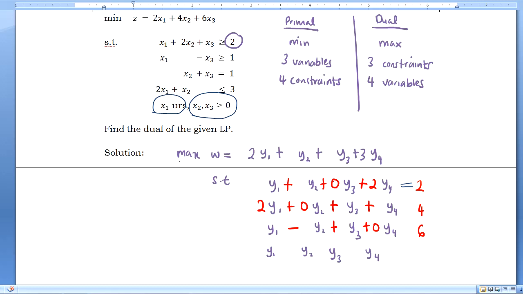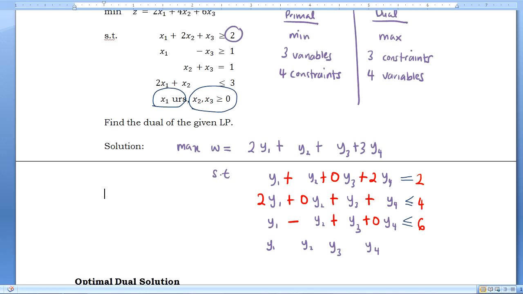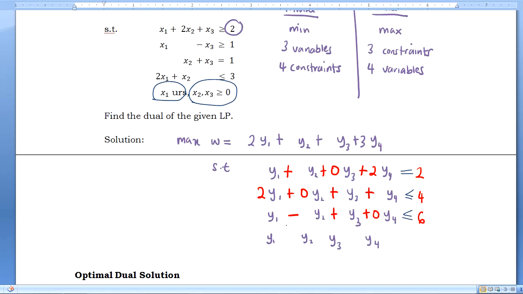The sign of the normal maximum problem is less than or equal to. We almost complete the model. Okay, the last one is to get the sign of every variable in the dual.